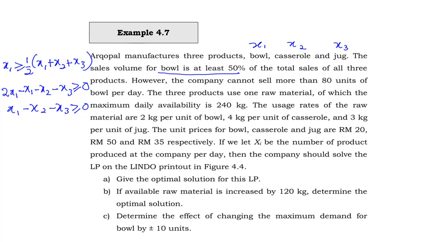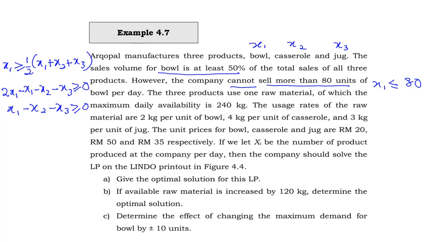For the second constraint, it mentioned here that the company cannot sell more than 80 units of bowl per day. So x1 less than or equal to 80. And then the three products use one raw material, of which the maximum daily availability is 240 kg.